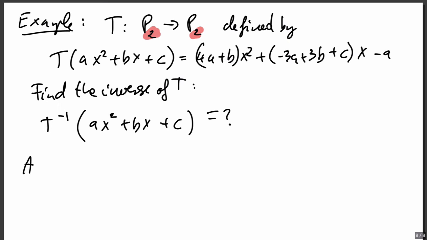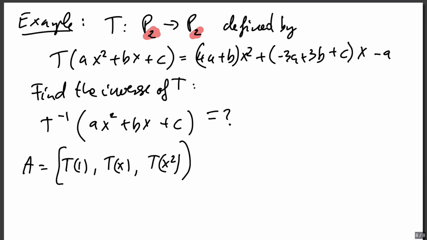What we really need is only the value of the transformation over the standard basis vectors 1, x, and x squared. So that would mean 0a and 0b for 1.